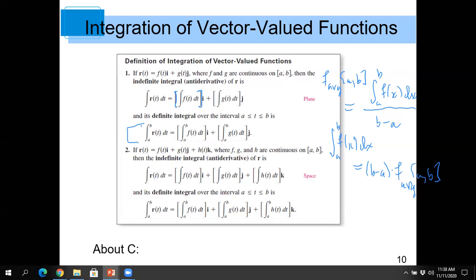Averages make sense no matter what I'm talking about: 3 dimensions, 4 dimensions, 5 dimensions, doesn't matter. I'm not always going to be able to say that something has a geometric area interpretation. So the integral in this context is more about averages. Does that make sense? Hopefully.